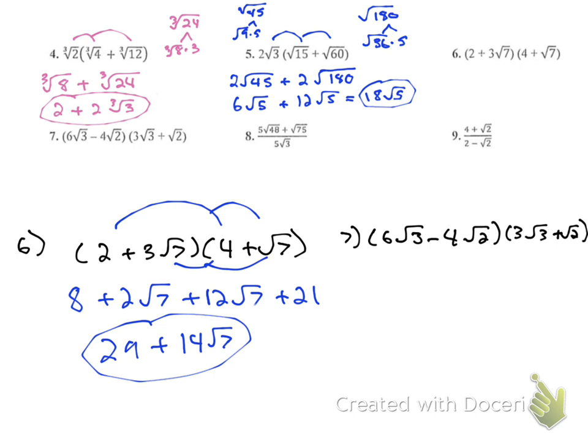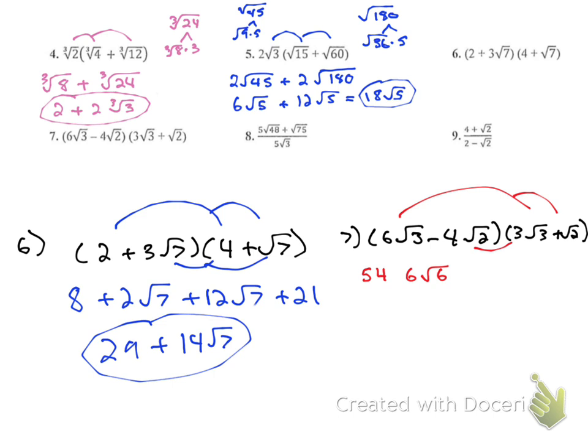All right, here we go. Number 7. First, that gives you 18 times 3, which gives you 54. And then outer, that gives you 6 square root of 6.